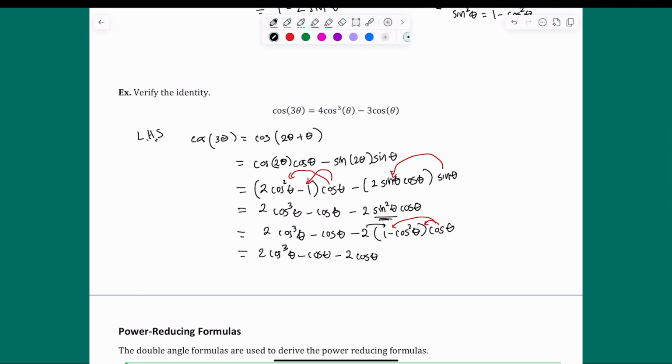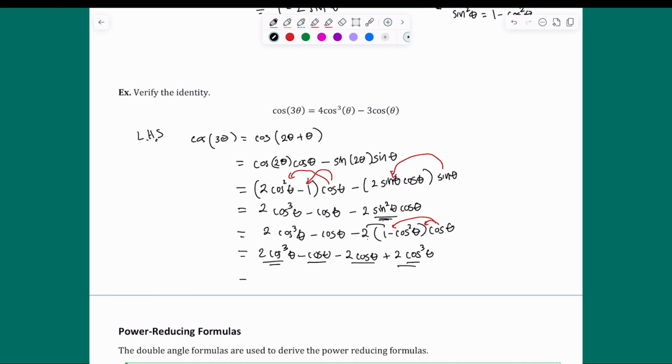And then again, negative 2 times a negative cosine squared theta would be positive 2 cosine squared theta, but then distributing the cosine theta gives us 2 cosine cubed of theta. And we actually have some like terms here. So you can see where the 4 is coming from.